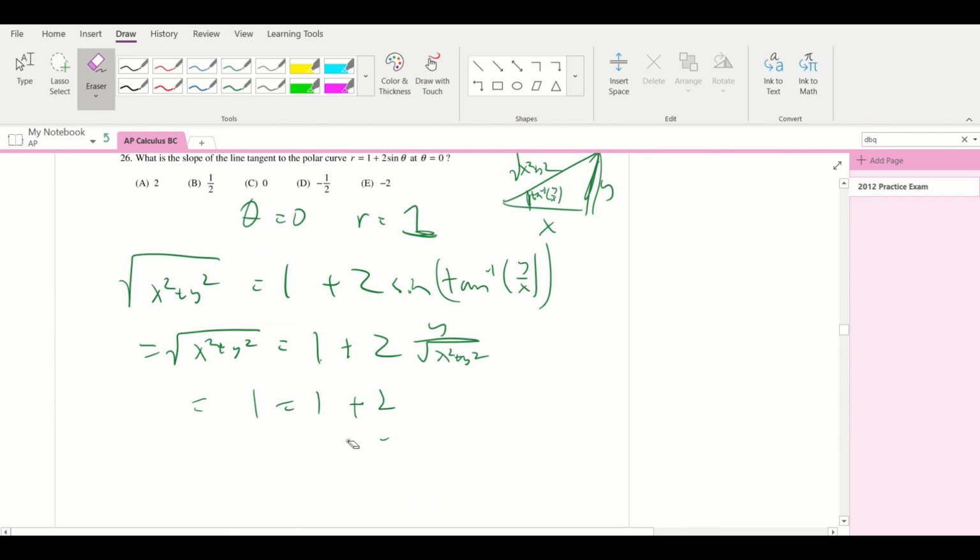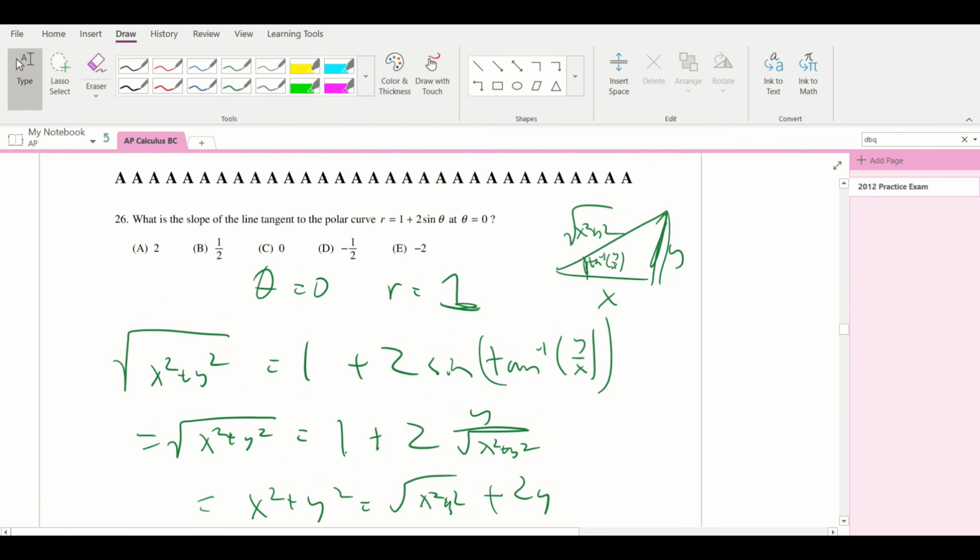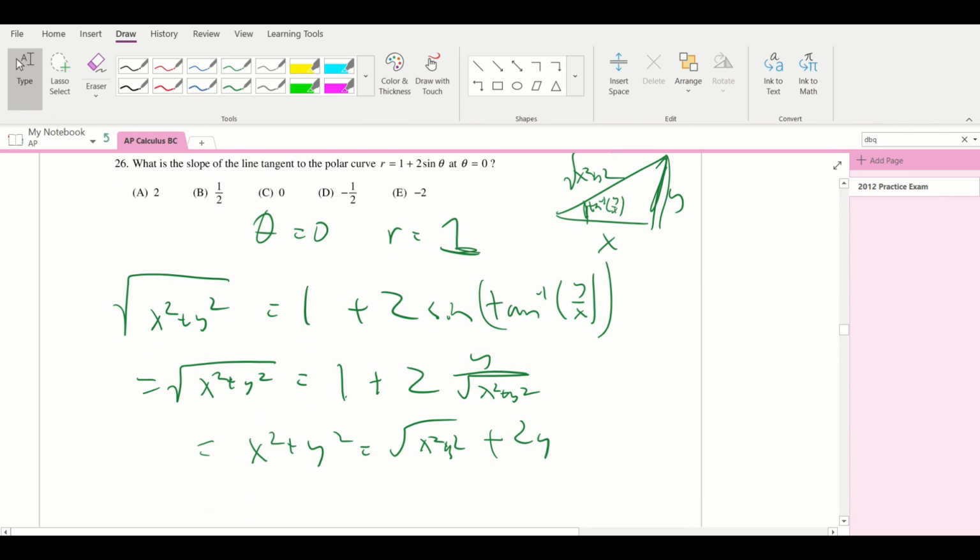Oh, sorry, my bad. I was saying something else. If we multiply both sides by the square root, now we can just take the derivative.